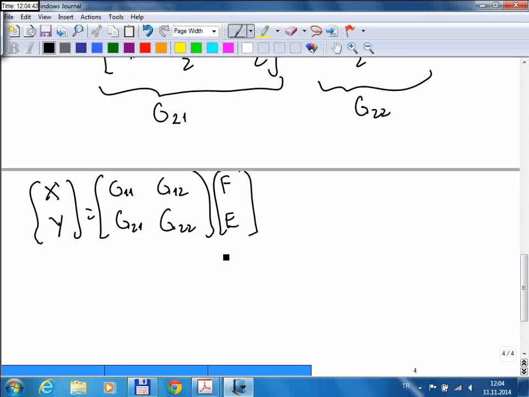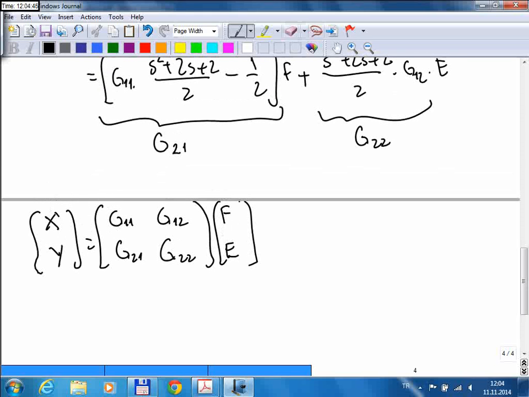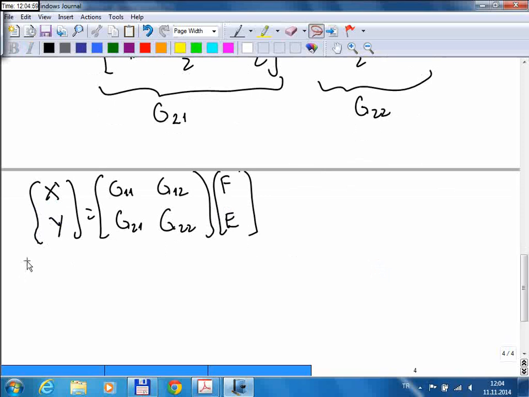So for example, if I ask you to calculate the output x if f is a unit step function, what you need to do is insert, and e is 0, for example. So let's say find x if f is equal to unit step, the Laplace transform of which is 1 over s, and e is 0.